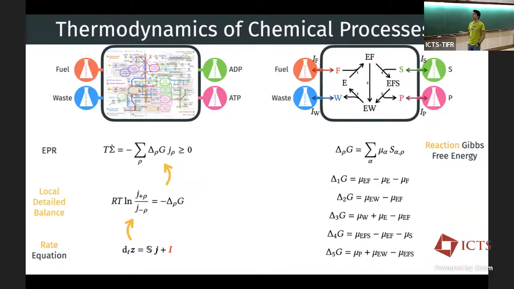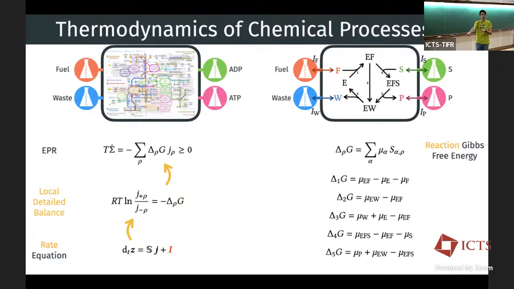And that's what allows us to write down thermodynamic quantities like the entropy production, which can be written as the sum over all reactions of the delta G of the reaction, if you want the thermodynamic force, times the corresponding current. Okay, and as Massimiliano was showing again, these currents and forces are always aligned.